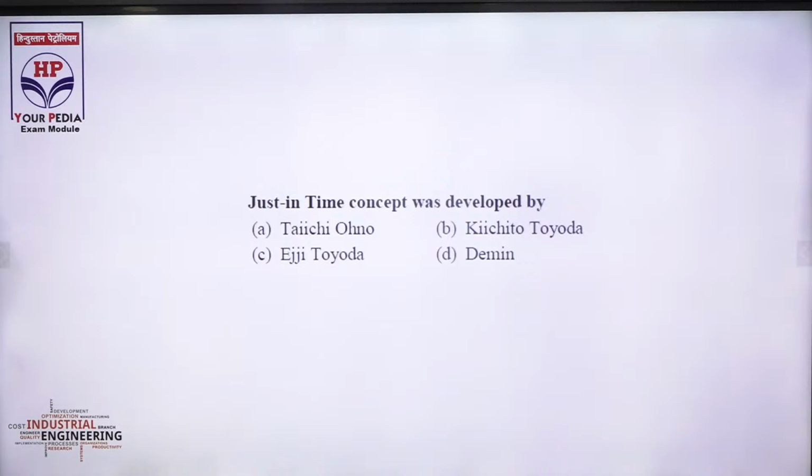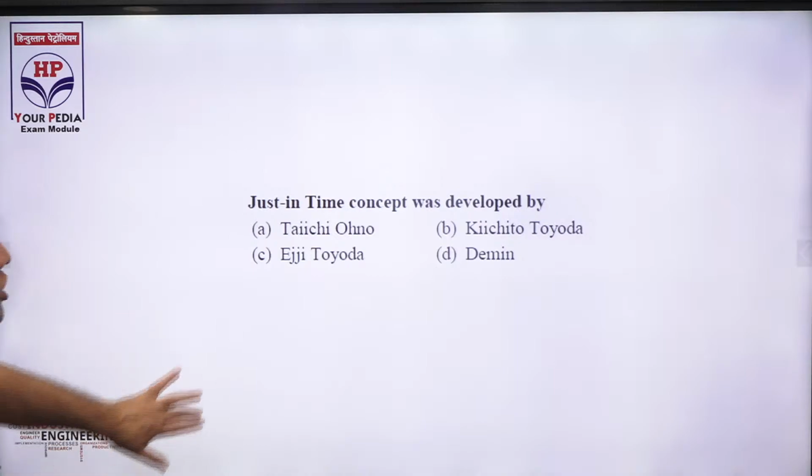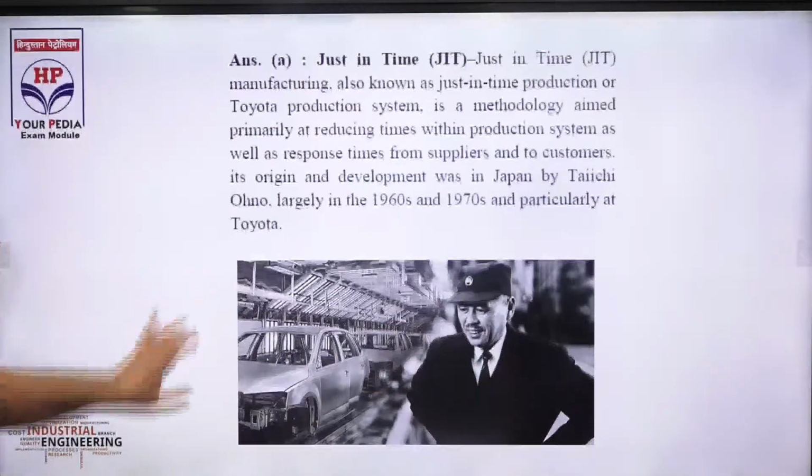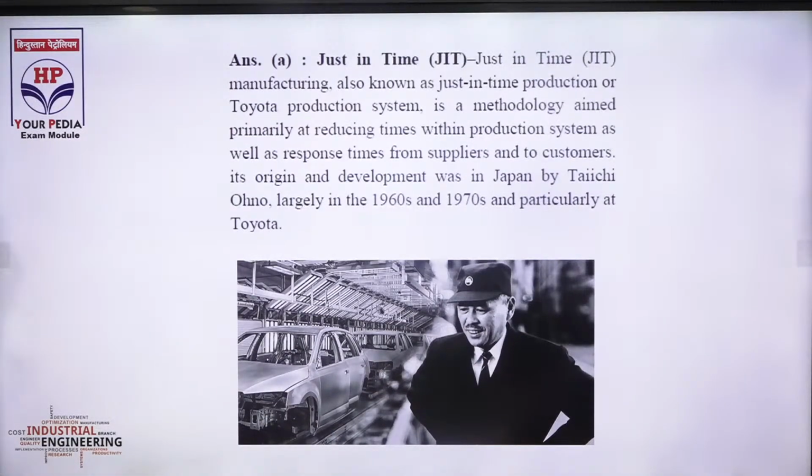Who developed the just-in-time system? We just talked about just-in-time. Who gave us this concept? Taichi Ono, who was working as an engineer in Toyota, gave this concept of just-in-time.